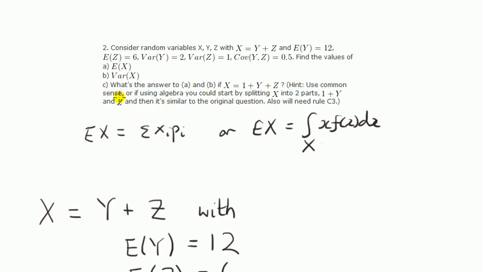C. What's the answer to A and B if instead of x being equal to y plus z, x is equal to 1 plus y plus z? I've given you a hint here. We could use common sense. We don't need any calculations. Or we can use some algebra. I'm going to just use common sense.